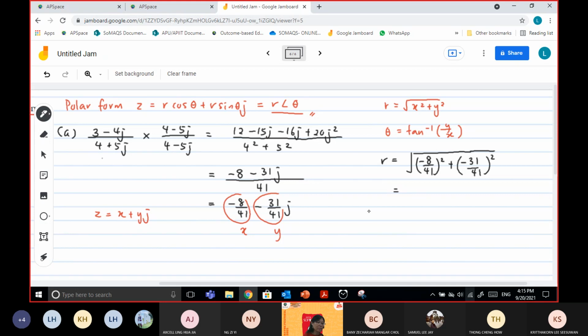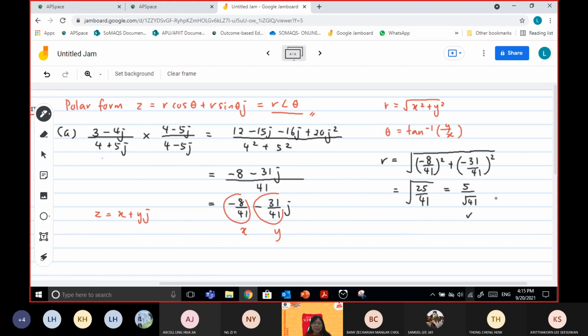What do you get? When you square them and add together, you will get 25 over 41. Then we take the square root, which is 5 over square root of 41. That is for r.